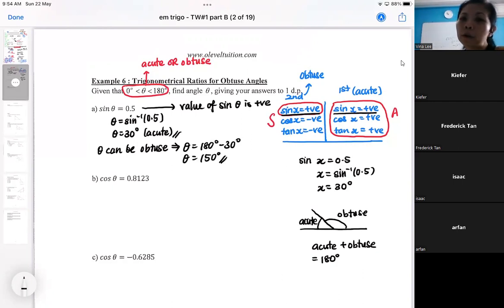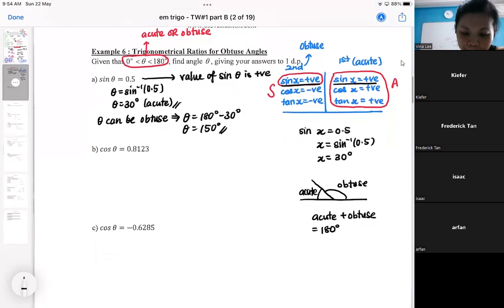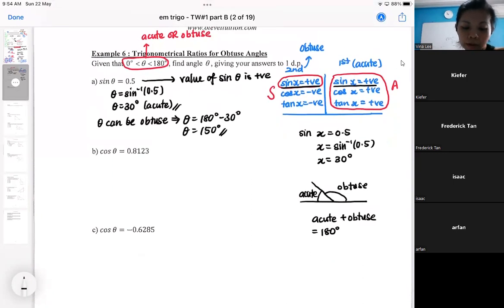If you explore this, you realize that you got two answers because the value of sine is positive and it could be positive under the first quadrant. It could also be positive under the second quadrant.